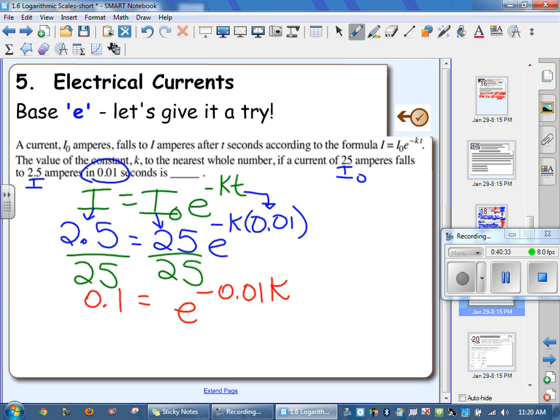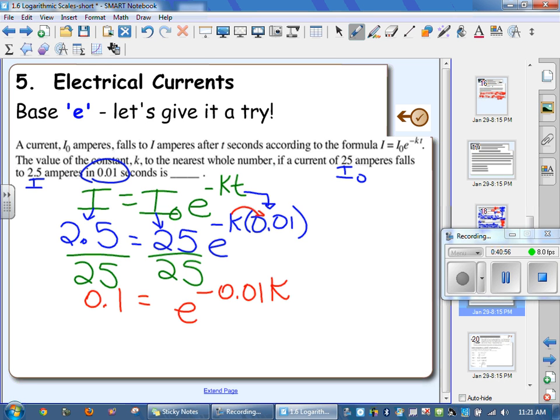Now that we're back to this stage, how do I get rid of an e? The same way you get rid of a base 10 is you log it. But this time we're not going to write log on both sides, we're going to write ln. So we're going to ln 0.1, and we're going to ln, which is base e, to the negative 0.01 k.